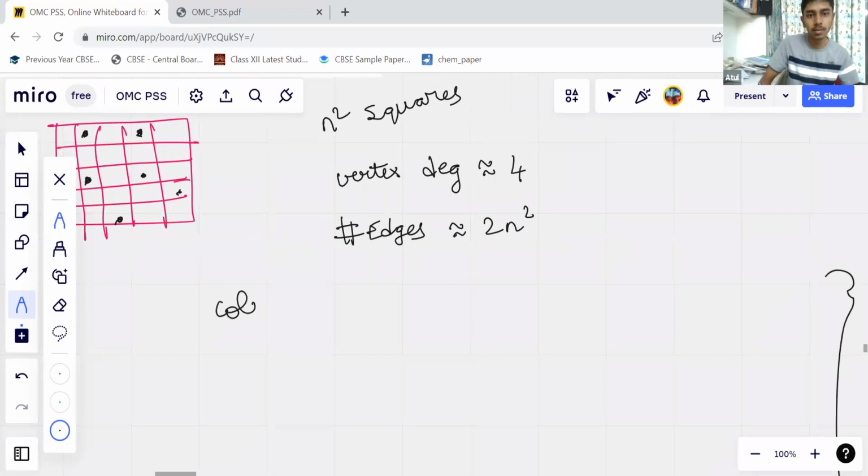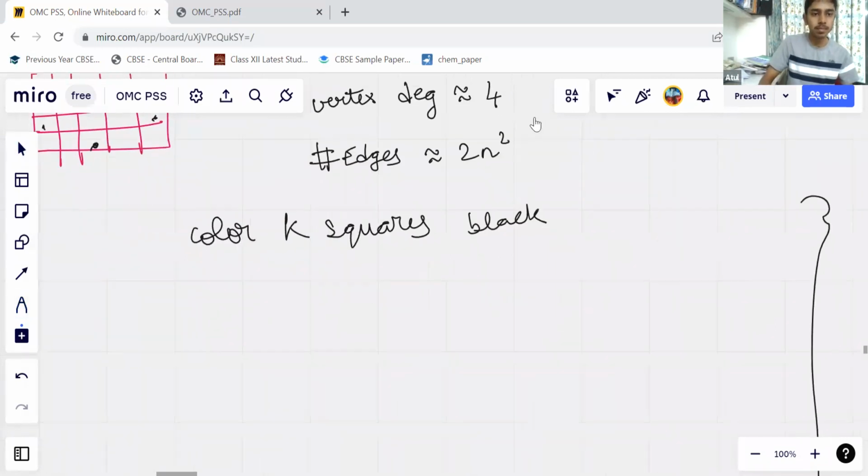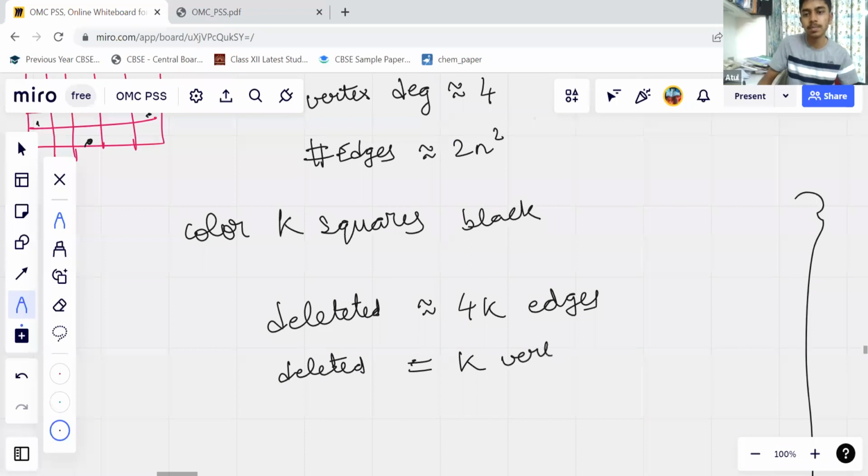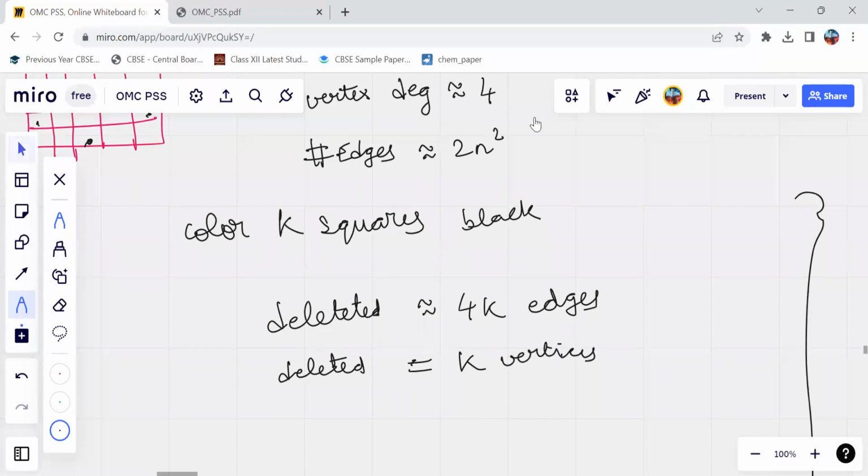Okay, so let's suppose we colored k squares black. So really you end up deleting approximately 4k edges. But we also know that we deleted exactly k vertices.